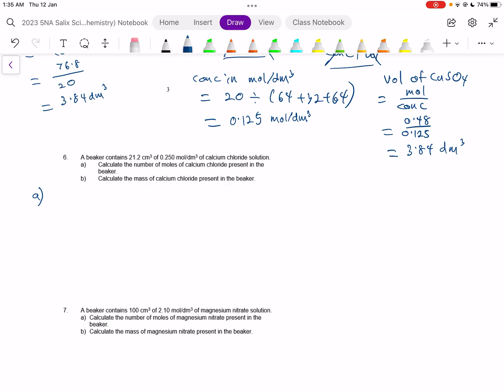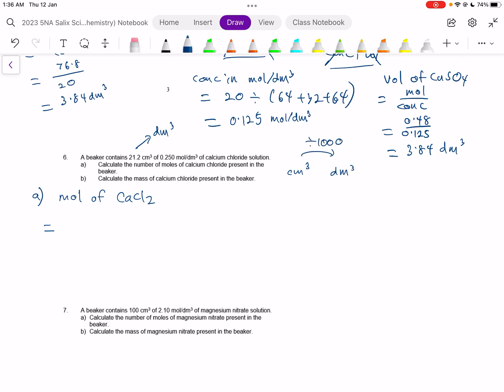Next one, let's look at this. The number of mole of calcium chloride. You are given the volume, but always remember, volume must be converted to dm cube first. Centimeter cube to dm cube, divide by 1000.